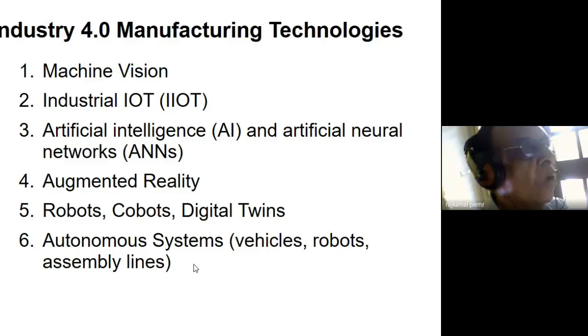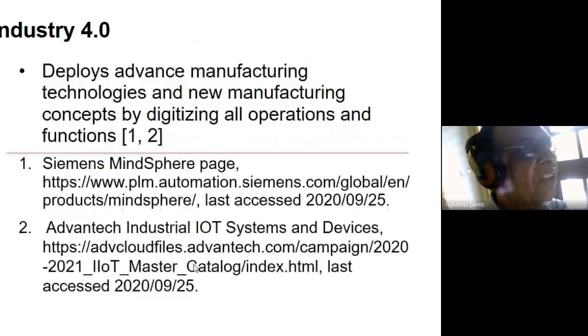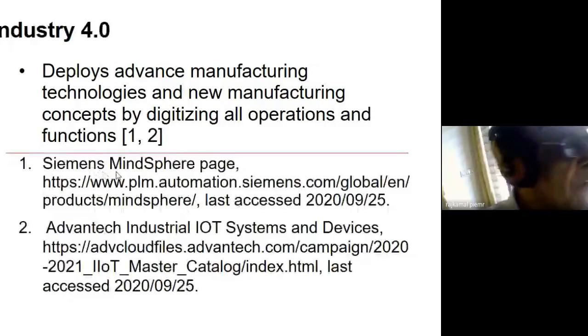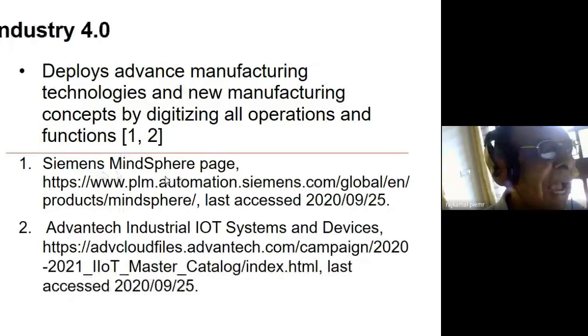Industry 4.0 deploys advanced manufacturing techniques and new manufacturing concepts by digitizing operations, and all operations and functions are digitized. I will give you two references. One is Siemens; what Siemens is doing and has done, I will tell you later in one of my slides.